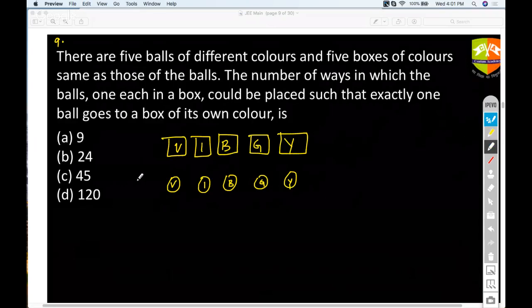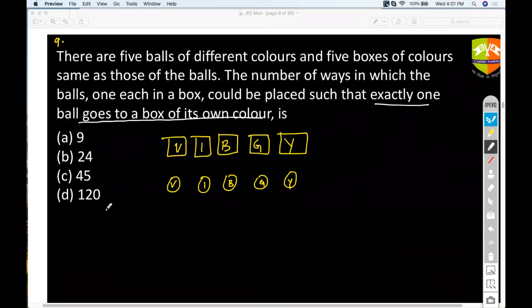Now, the question says the number of ways in which the balls, one in each box, could be placed such that exactly one ball goes to a box of its own color. That means only one ball goes to the box of its own color.